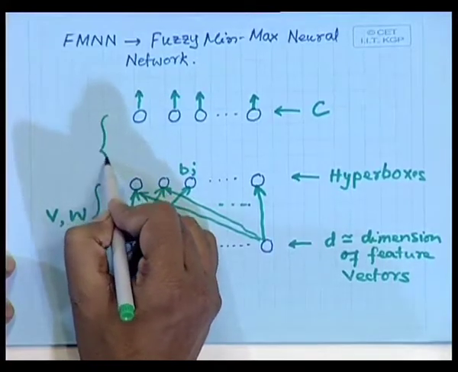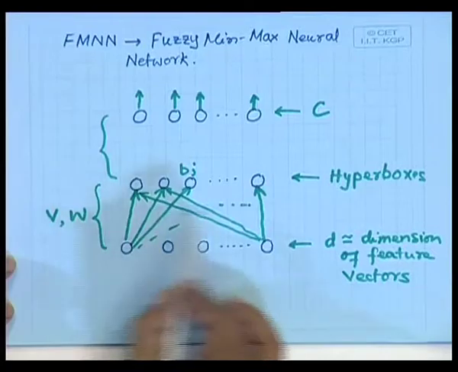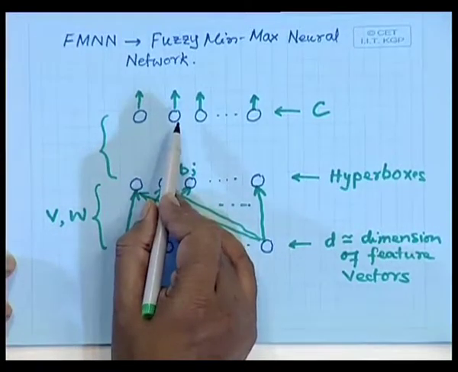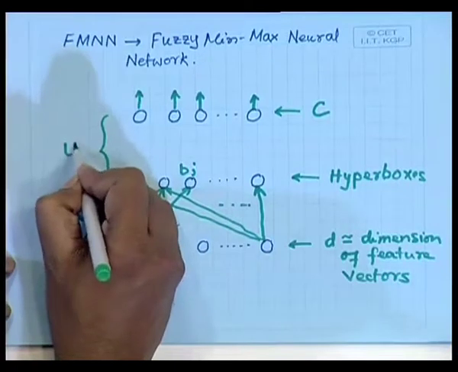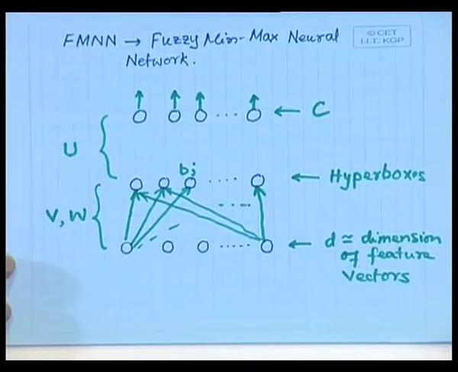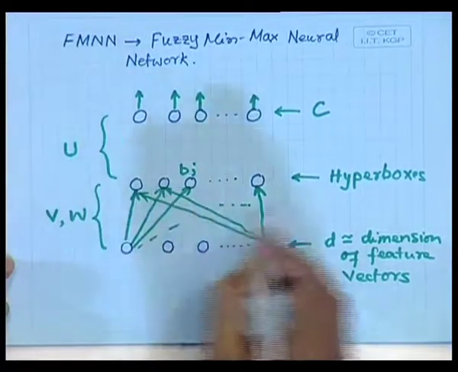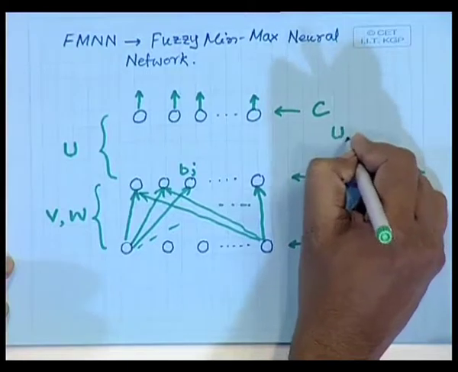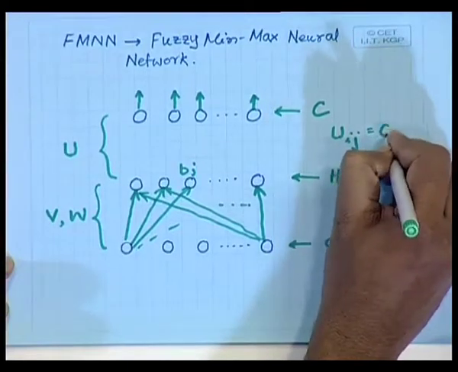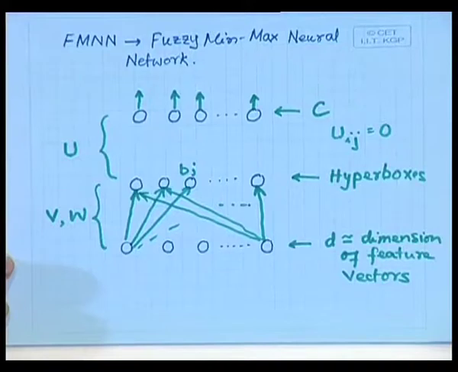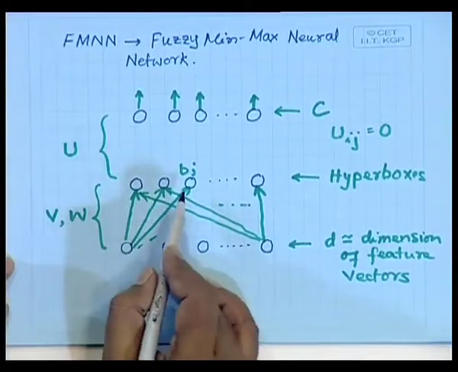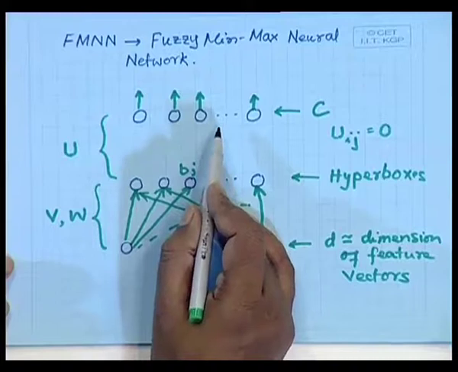Okay. So, I can represent this connection weight from the hidden layer nodes to the output layer nodes by another matrix, say U, okay, where the elements of the matrix U can be either 0 or 1. If an element U i j is equal to 0, that represents that I do not have a connection from the ith node in the hidden layer to the jth node in the output layer.